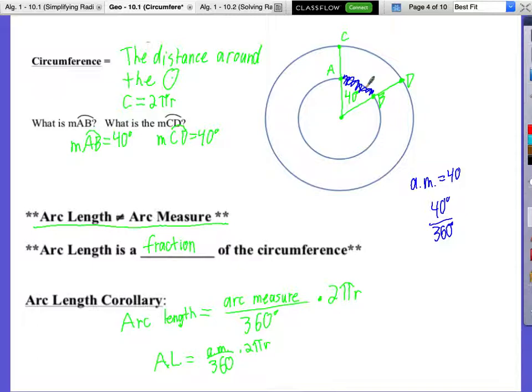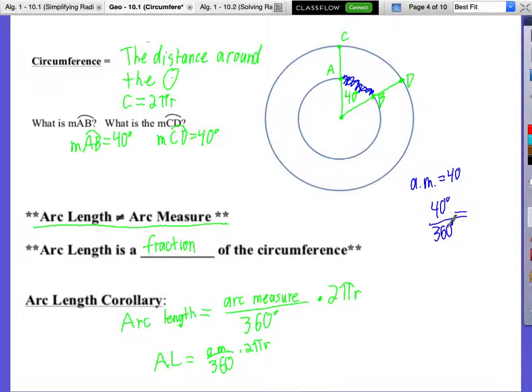And so we can say, this 40 out of 360, that's saying how much of the circle we are looking at. So we can reduce this fraction. How would we reduce this fraction? What would be a good first step? Okay, common factor. I heard 2. What about these zeros?